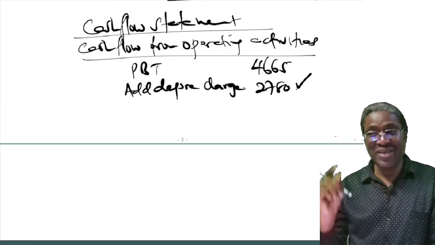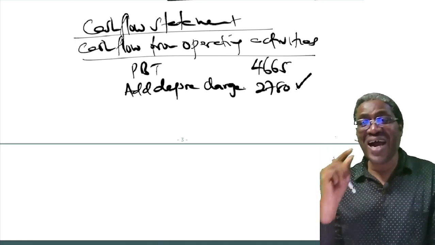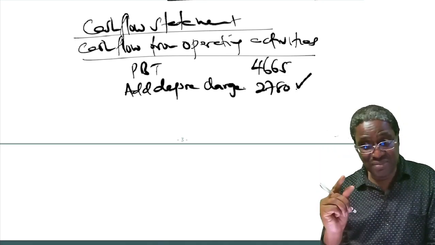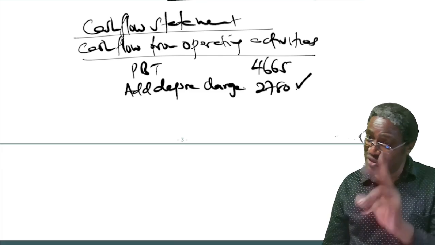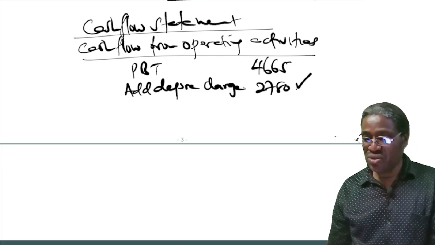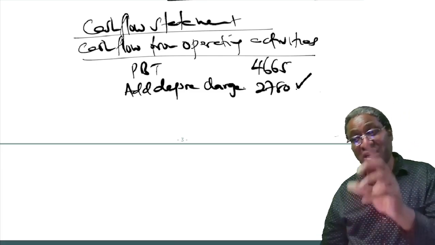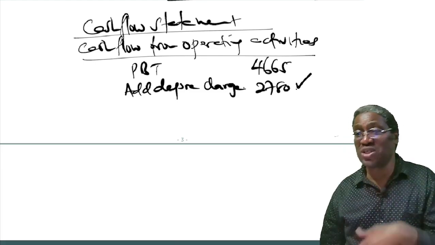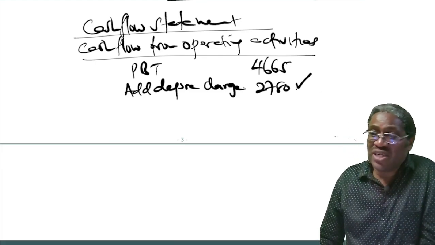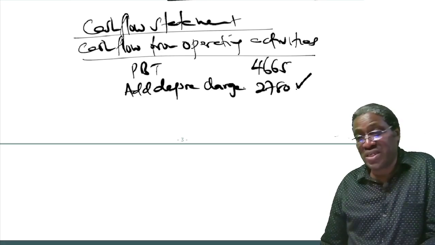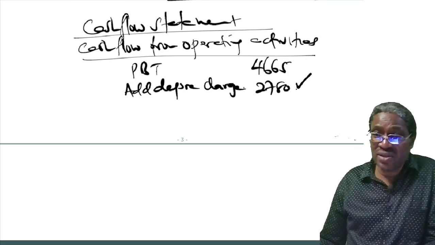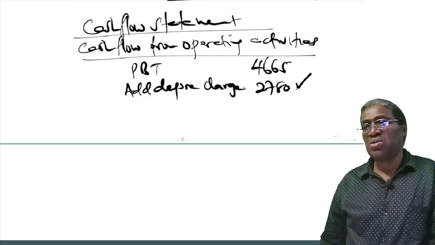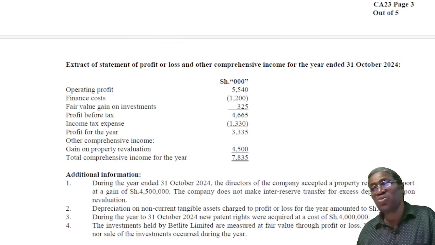So that's something you should not forget. You go to the income statement, it will always be given. You don't have to calculate it. It's not like depreciation, where if it's not given you have to calculate it.